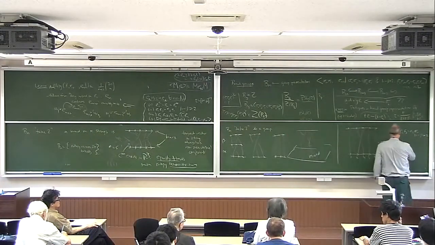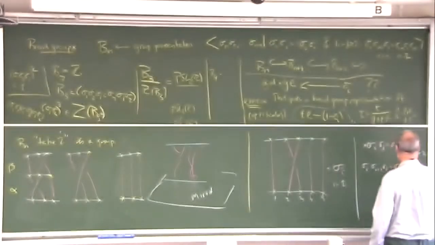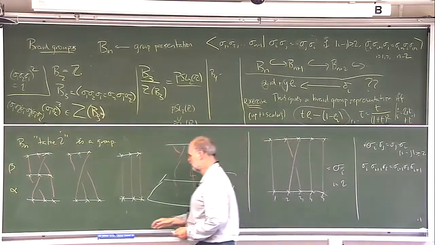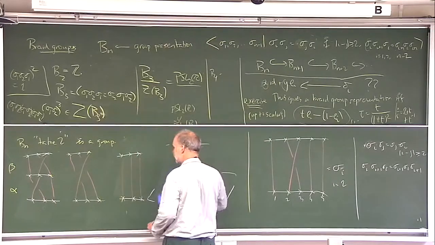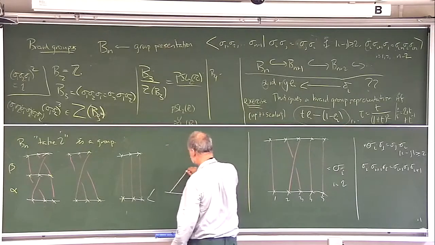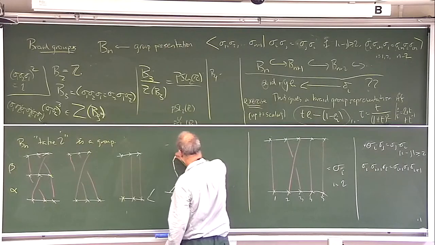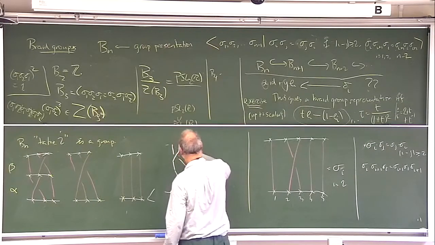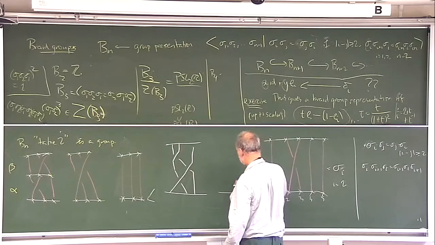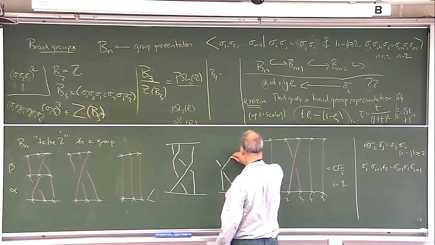The relation sigma i plus 1, sigma i, sigma i plus 1 equals sigma i, sigma i plus 1, sigma i is a simple picture which we might as well draw since we're in the mood. It's in the 3-string braid group. I'll be sloppy about the colors now maybe. This is sigma i plus 1, sigma i, sigma i plus 1. And then on the other hand we can do sigma i, sigma i plus 1, sigma i.